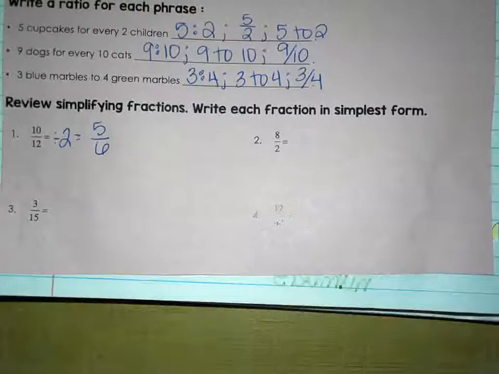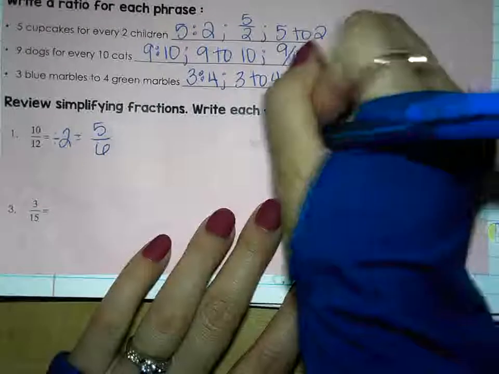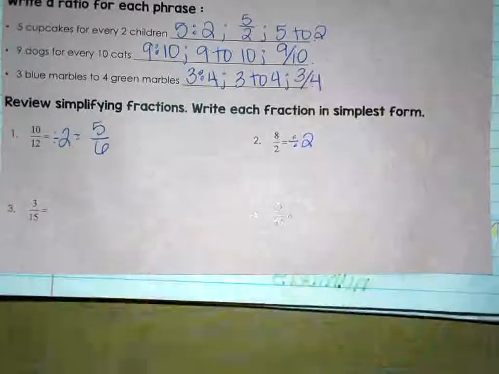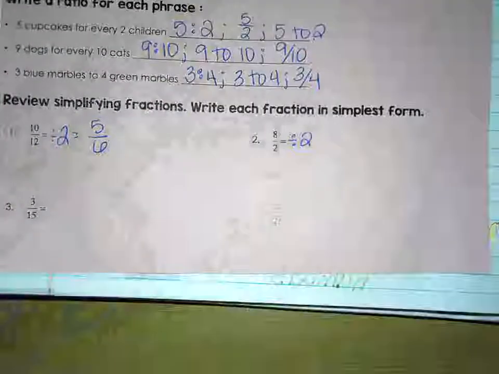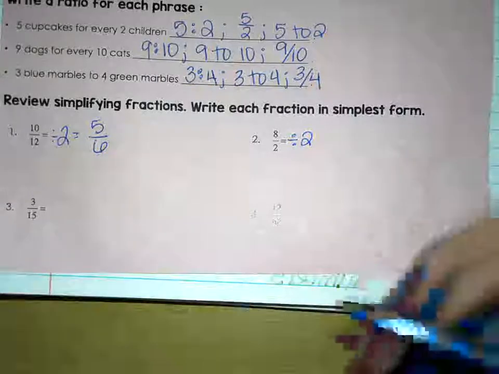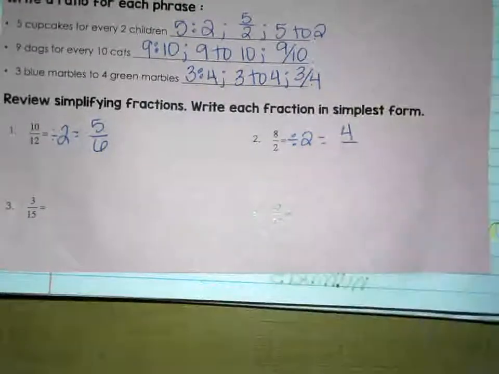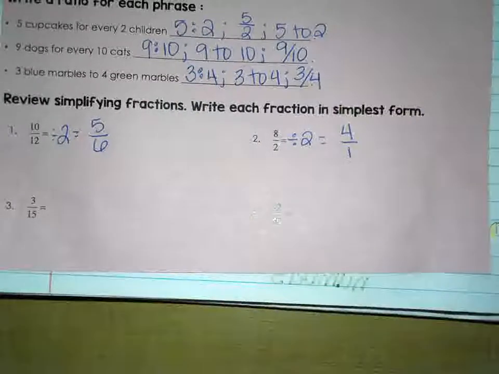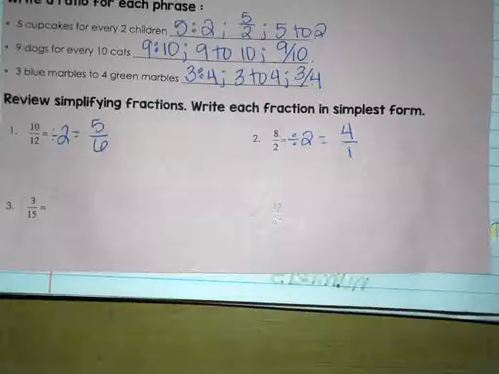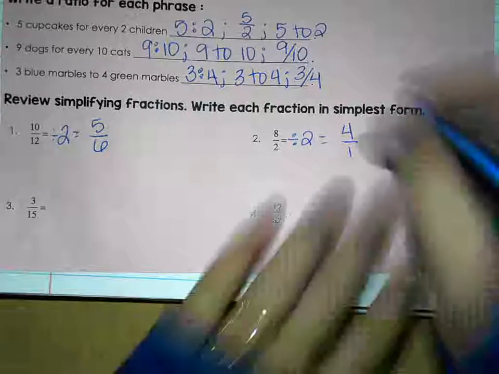Same exact thing. I have 8 over 2, and I need to divide a number out of 8 and 2. What number can I divide into 8 and 2, everyone? 2. 8 divided by 2 is? 4. 2 divided by 2 is? 1. Okay, I have 4 over 1. What's another way to write 4 over 1, Ava? 4.